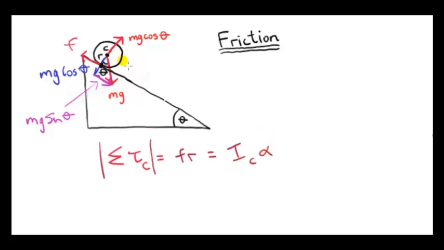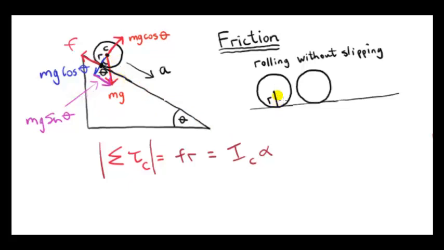So we know that the disk is going to roll down this incline with some acceleration, not alpha, but a. And a is going to be related to alpha, provided that this disk rolls without slipping down this incline. So we're going to just discuss that situation of a disk rolling without slipping along a surface. So here I have a disk of radius r on this surface.